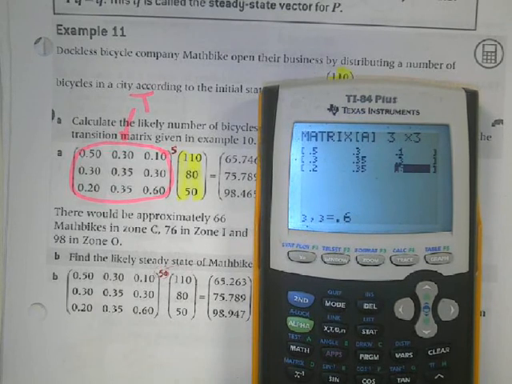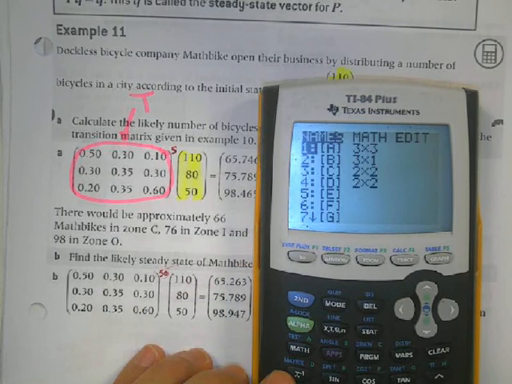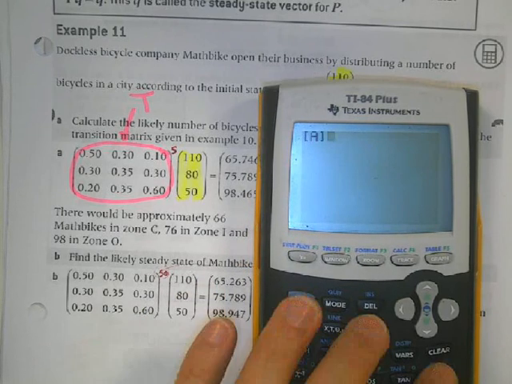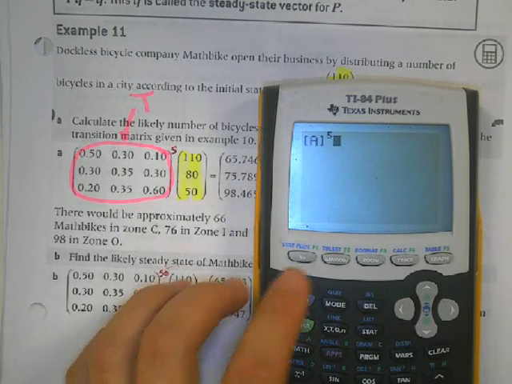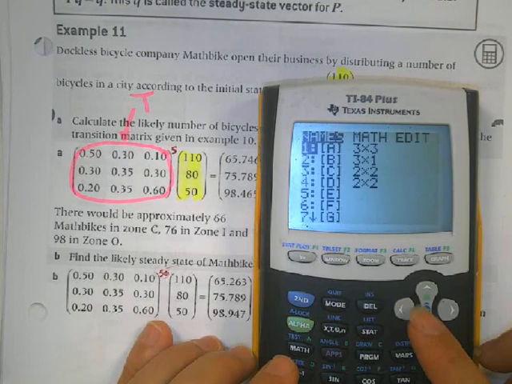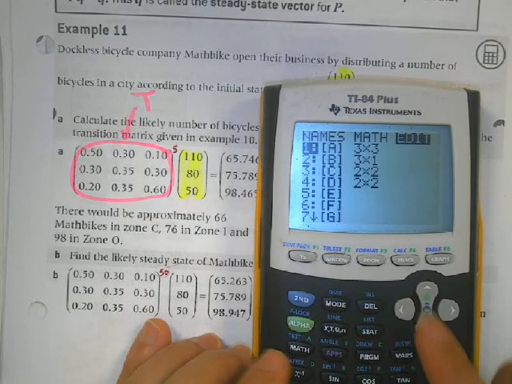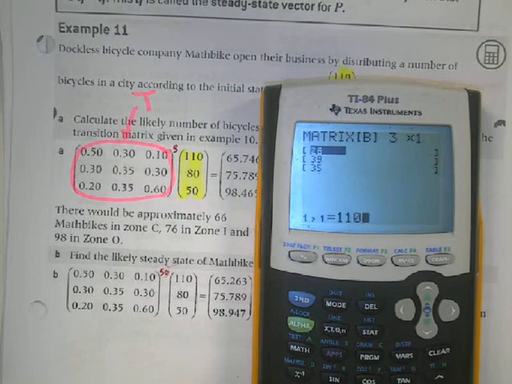I'm going to do that matrix to the power of 5, and then I don't have the other matrix in here. 110, 80, 50.